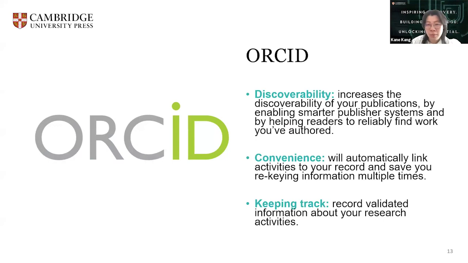So when your paper is published, the publication message will automatically link to your ORCID account. So people who follow you would know that you have a paper published. It's not only about papers, but also your book and conference papers.